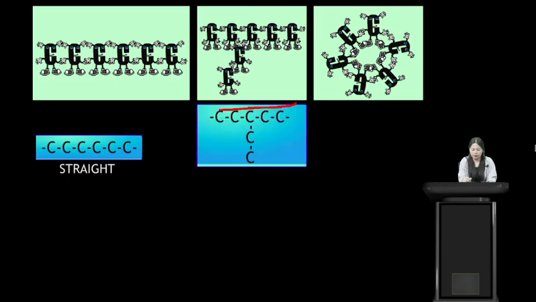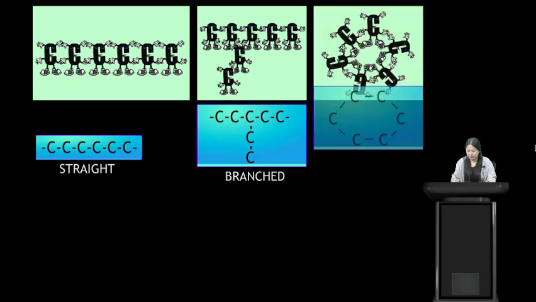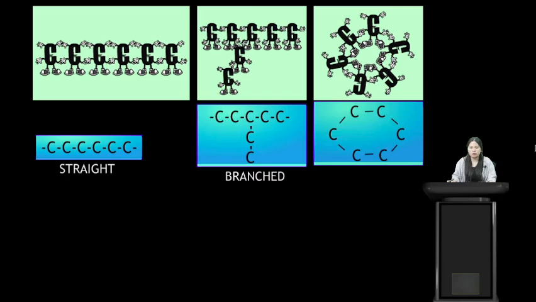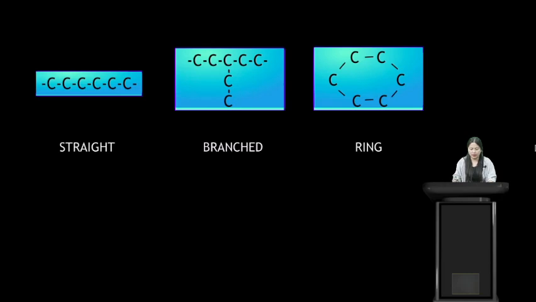We have a straight line, then a branch, so it is a branched chain. In the third case, the carbons form bonds to make a ring structure. So carbon compounds can be straight chain, branched, or ring structures.